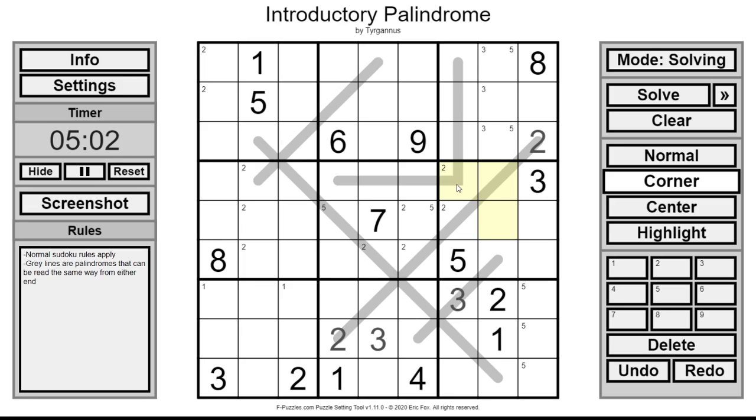Doesn't seem worth writing down. Here's something though, this 8 sees the second square here. So it does slot the 8 down there. Introduces the 8s here.